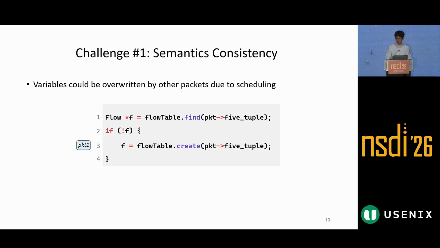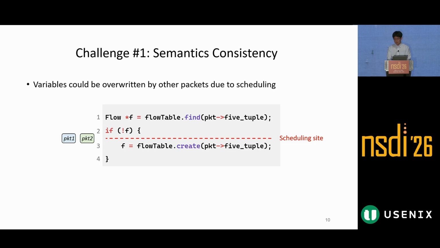Packet 1 comes when the table is empty, so it just creates a new entry. Then, packet 2 from the same flow will be able to retrieve the entry and will not enter the if code block. However, things are a little bit different when a scheduling site is injected between line 2 and line 3. In this case, packet 1 is stopped before a flow entry is created.